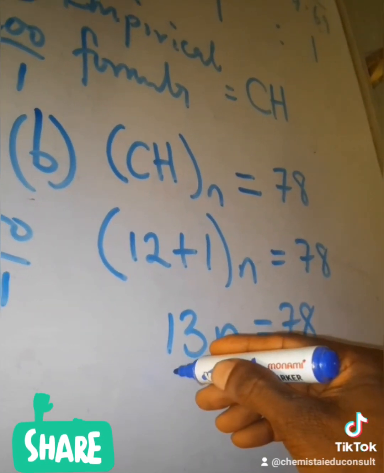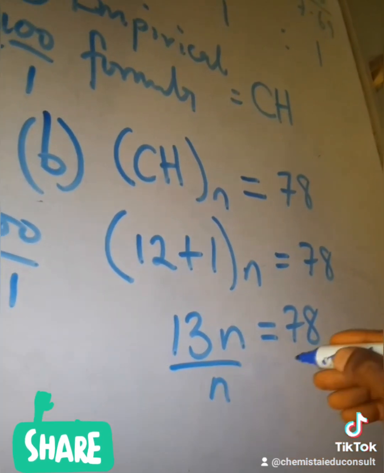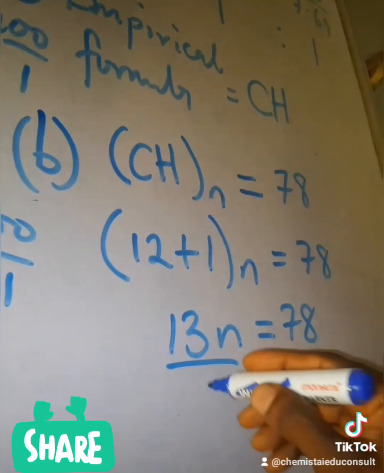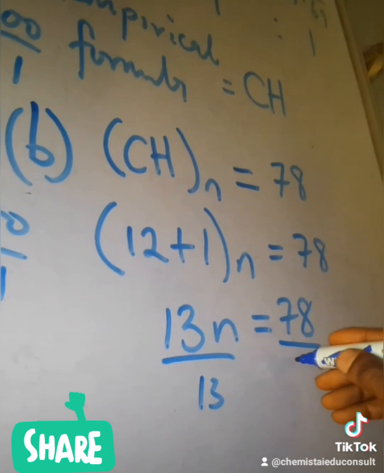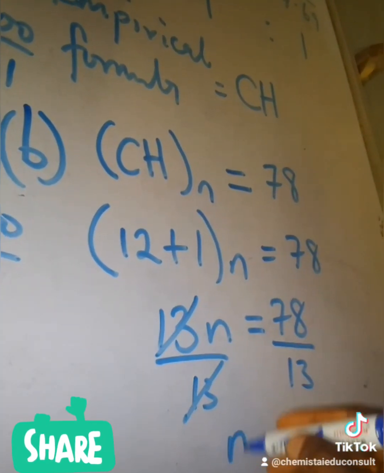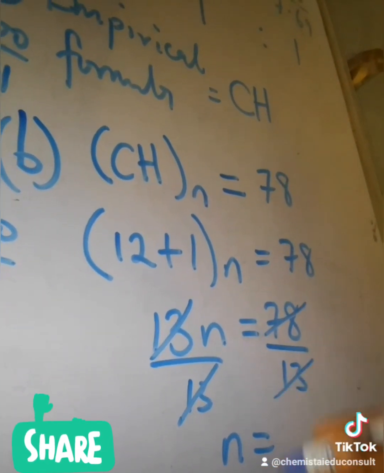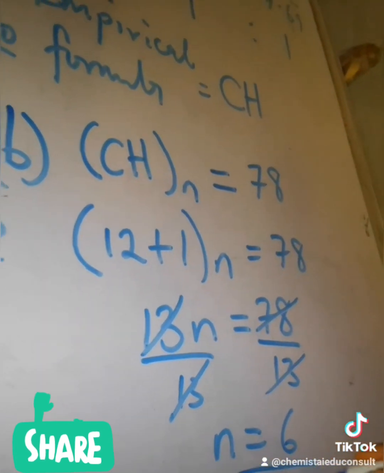So you divide both of them by 13. You want to get n. So n will give us 78 divided by 13, which is 6.